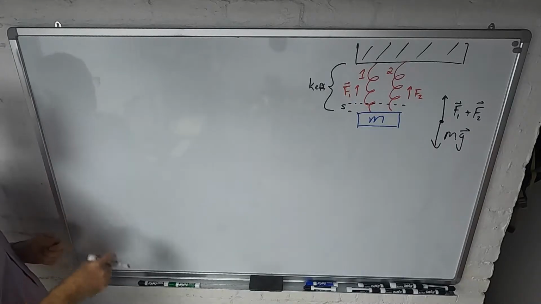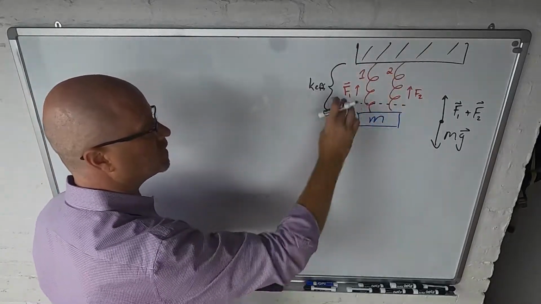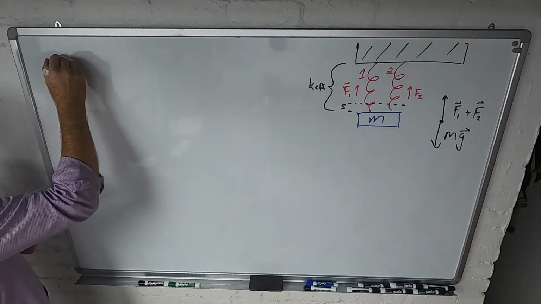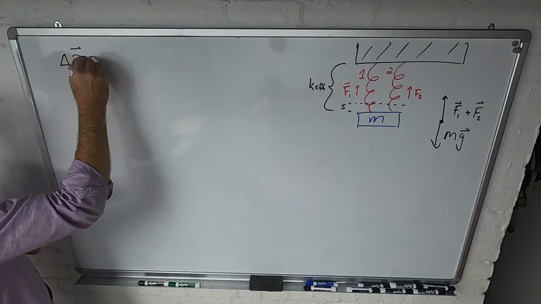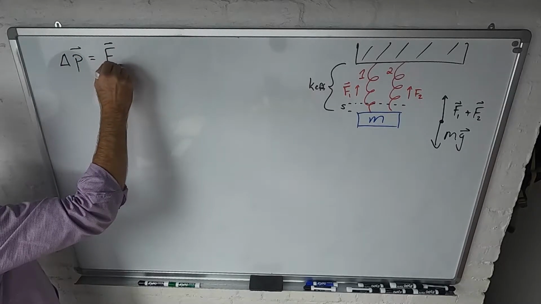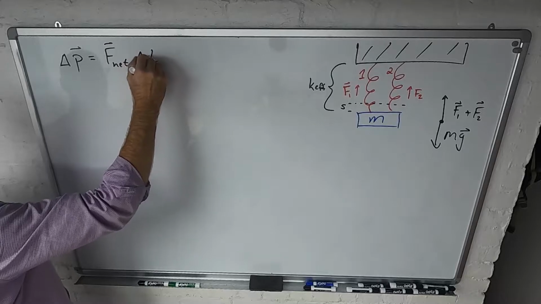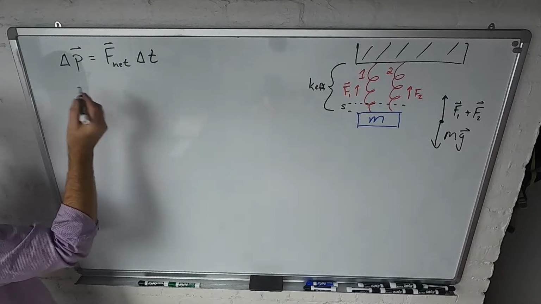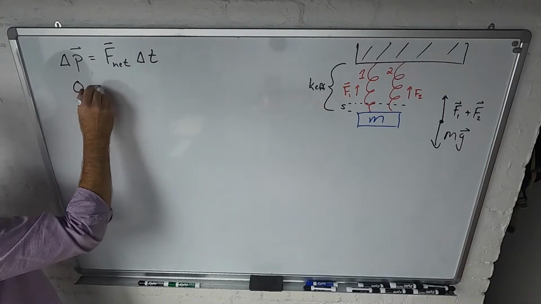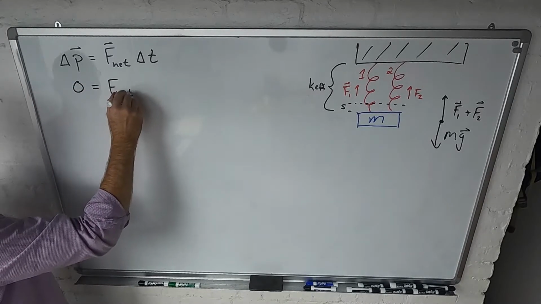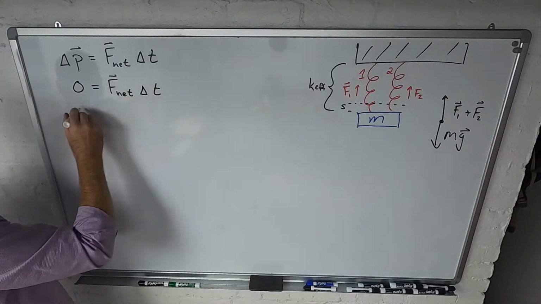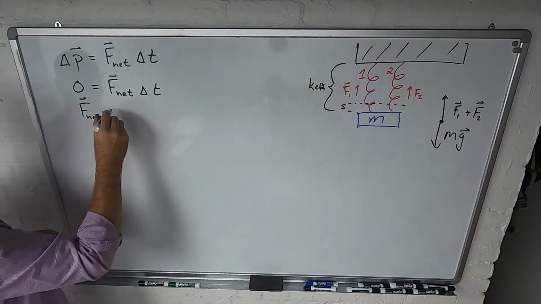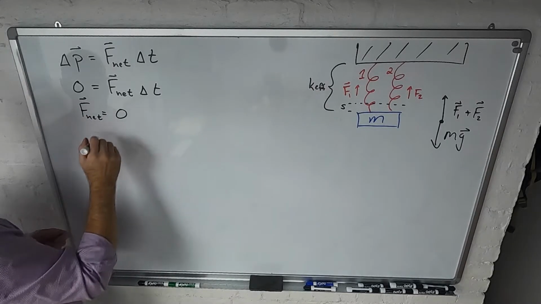So, because of our constrained two springs that have stretched s, we can easily write down, because this system isn't moving, that the momentum principle has to look like F net delta T. And if nothing's moving, this becomes 0, which is just F net delta T. And I can rewrite this as F net, and so the net force is going to be 0.